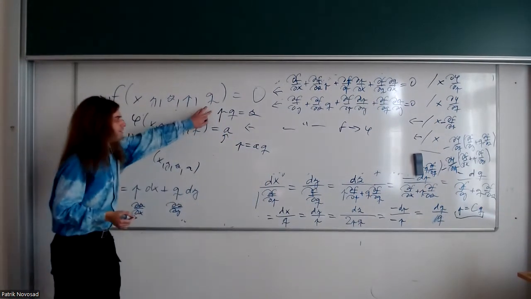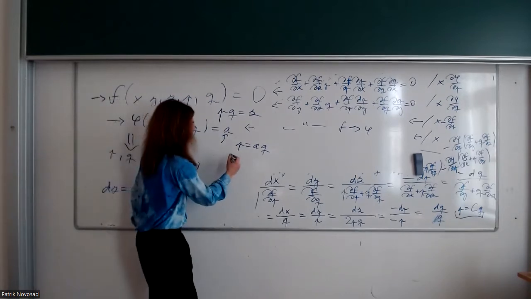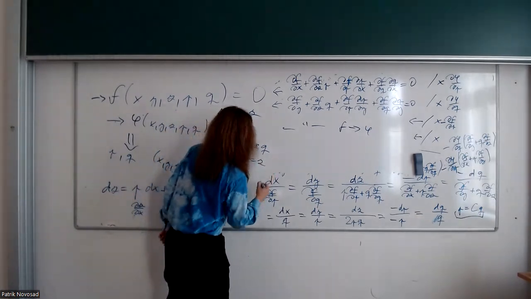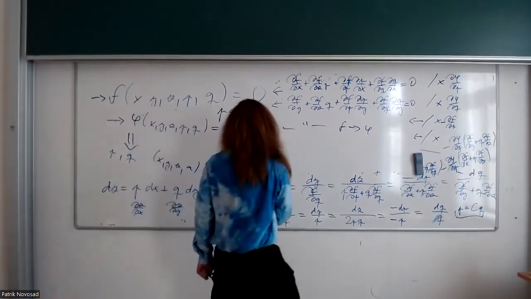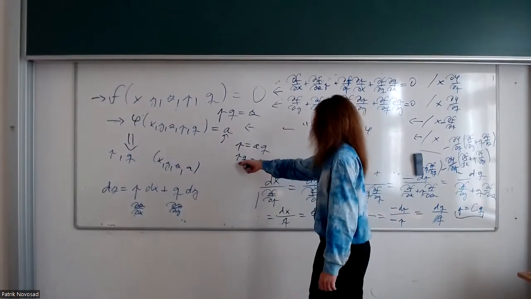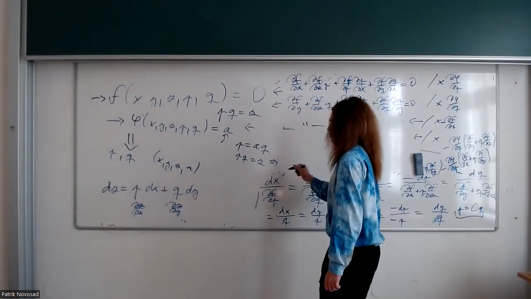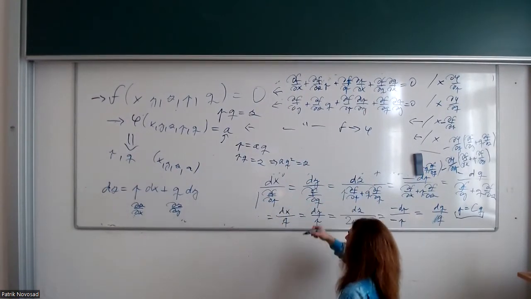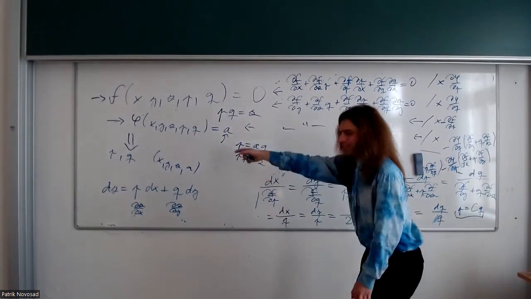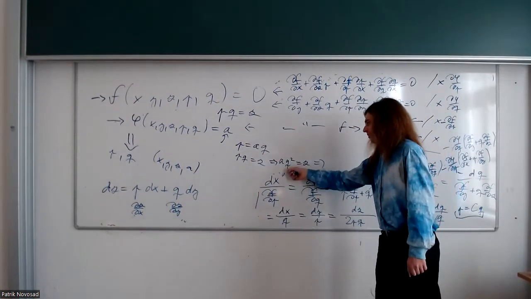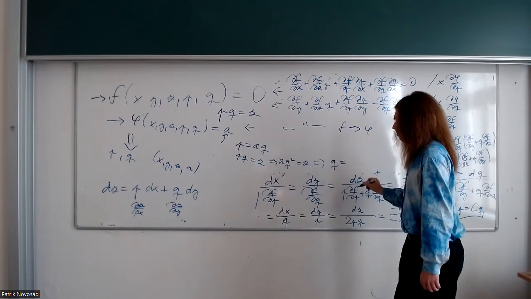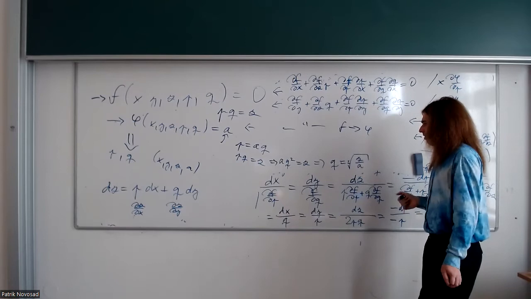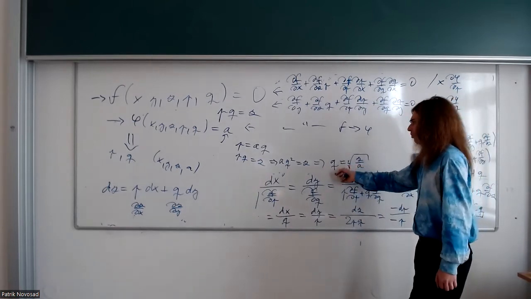And now, of course, the partial differential equation needs to be satisfied as well. So p times q needs to be equal to z. So now we can express the q here because p is a times q. So we have a q squared equal to z. And out of that, we need to express the p and the q. So first, let's do the q. That's equal to the square root of z over a. And then we can just plug the q in here.